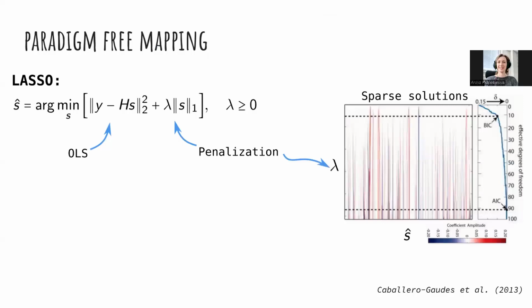The main idea is to apply a sparse linear regression method, for example, LASSO. Here, instead of only minimizing the residuals of our model as in the standard OLS approach, we add an additional term which is responsible for the solution sparsity. Practically, we have a set of solutions that are dependent on the regularization parameter lambda. Many different sparsity levels are possible from full to the trivial signal, and we need to select the best solution.